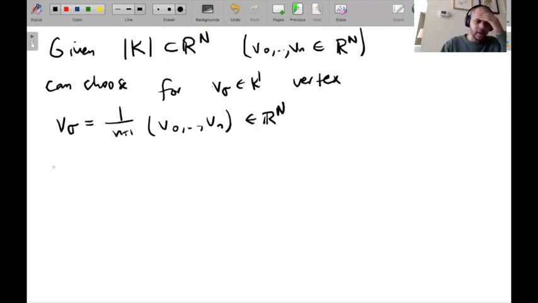And then what we find is that K' is actually equal to K as subsets of R^n.